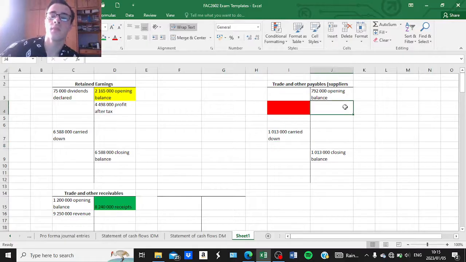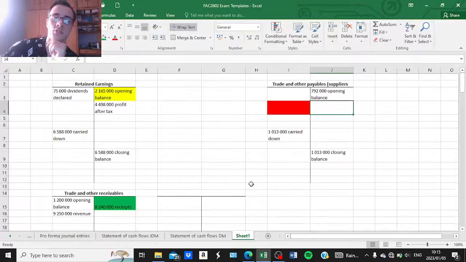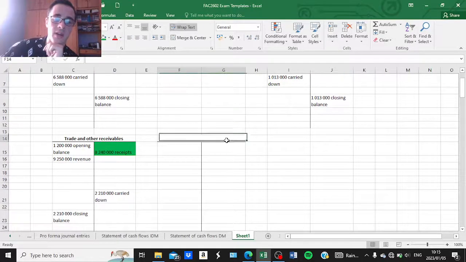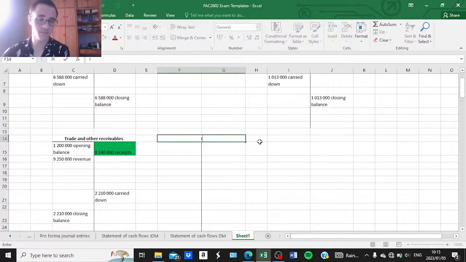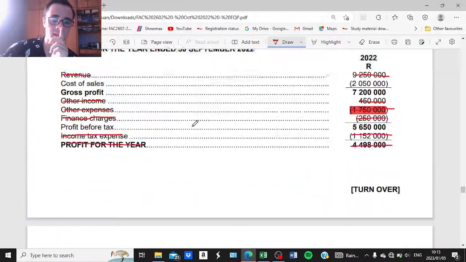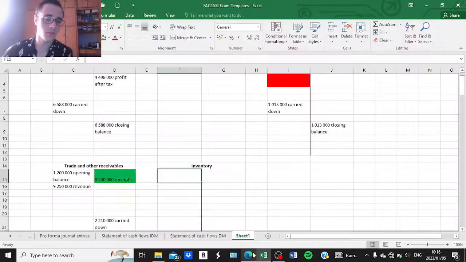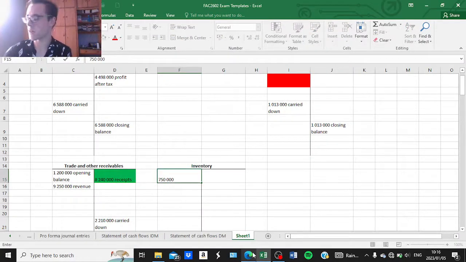All right. Now, the second amount that we need to determine is the value of inventory purchased from your suppliers. Okay, and we can only do that by drafting the inventory general ledger account. So I will do that right here. So in terms of our inventory balances, we are given an opening balance of 750,000, debit balance.